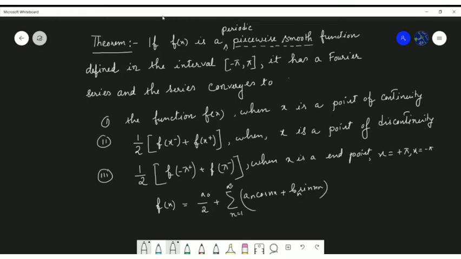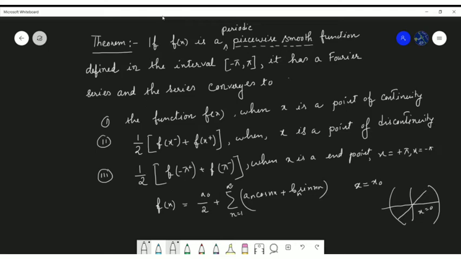So what I am telling here is, we are talking about a point, suppose x. Here I have not mentioned any particular point. Suppose x equal to x naught is a point, like in the previous example where we observed that x equal to 0 is a point. That was a particular example, but here in general I am writing, suppose x equal to x naught is a point where the function is continuous.